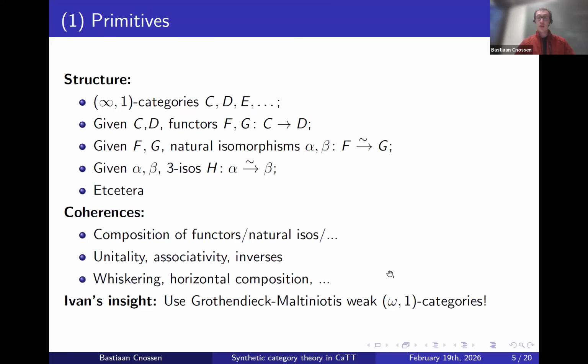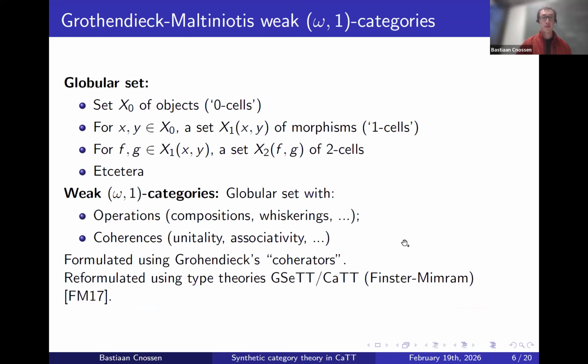And I imagine that a lot of the audience is not familiar with this notion of weak omega-1 categories. So let's define what this means. It's a definition that comes in two parts. First, we have the notion of a globular set.